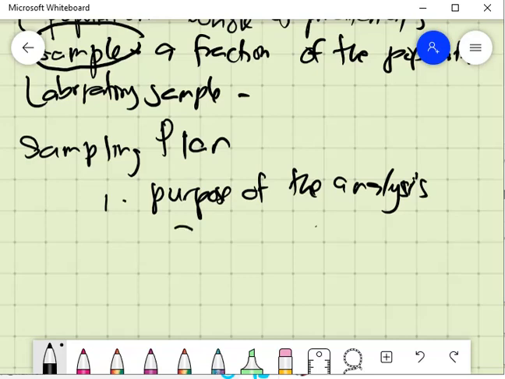For example, if the purpose is for official samples, like those you submit to the Food and Drug Administration. We need to, because there are requirements to comply with from the government, right? So that your food product gets approved.